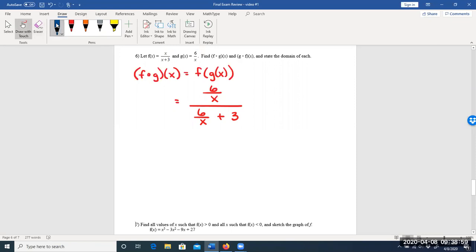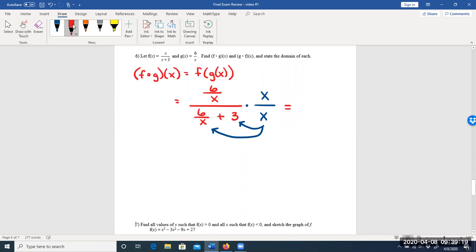The quickest way to simplify this would be to multiply both the numerator and the denominator by x. And don't forget to distribute in the denominator. This will get rid of our complex fraction and we'll just have a normal fraction.